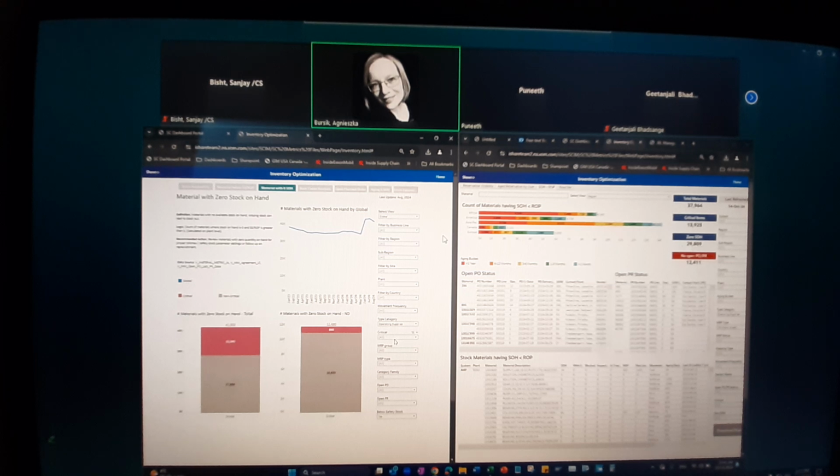Okay, if we select critical, it's 13,500, but that's pretty close. They appear to be supposed to be the same. This is the same data, right? Coming from the same tables. Only the timing is different. So I wouldn't worry about a couple of items difference, but not in thousands.